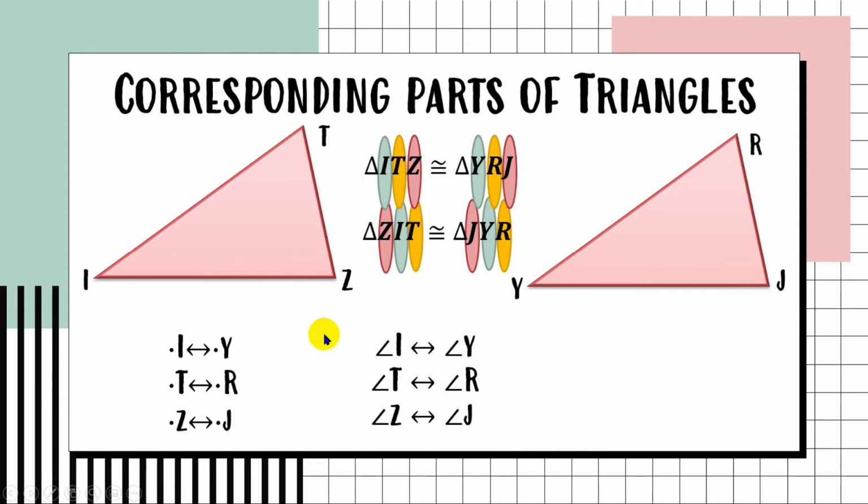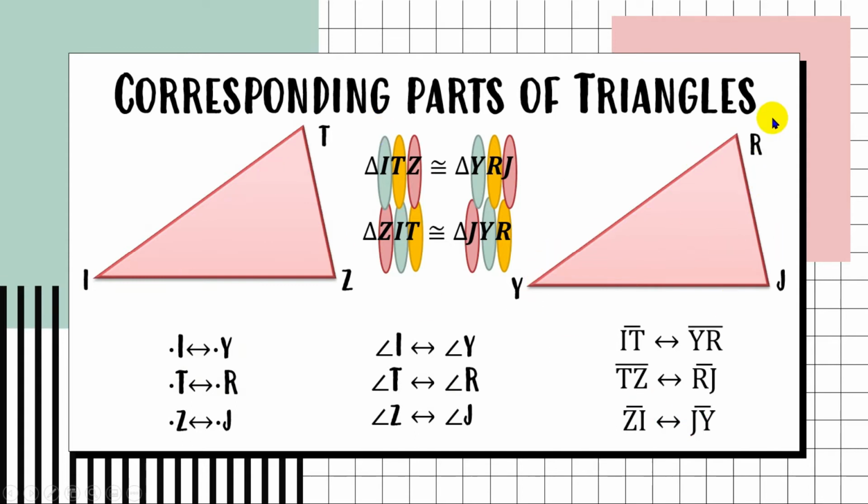From these angles and points, we can also find and name the corresponding sides. If I corresponds to Y and T corresponds to R, connecting those two points gives us side IT and side YR.